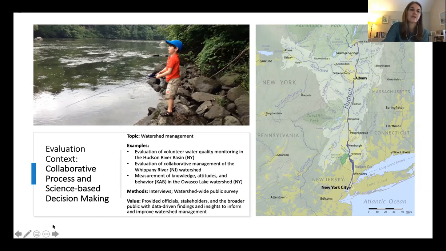It's sometimes referred to as KAB research, knowledge, attitude, behavior research, or KAP, knowledge, attitude, perception research. That can be really valuable for a range of questions.